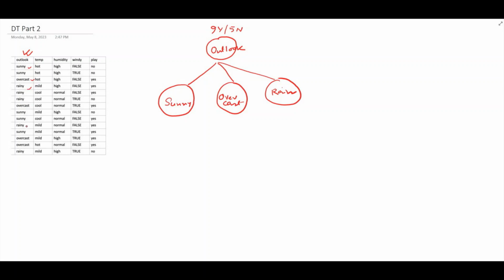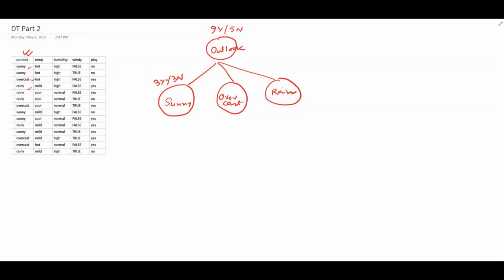How many sunny data points do we have in total? 1 2 3 4 5 6. So in this case we will have 3 yes and 3 no.